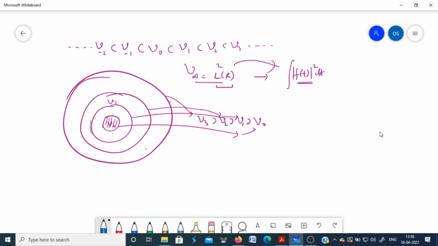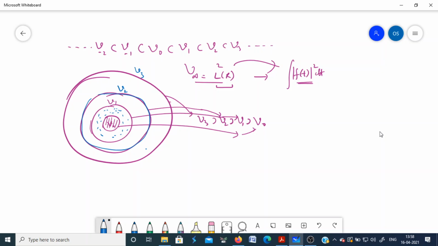So apart from this space, we have some other functions left here, which can be represented by the scaling functions in this span of V1. Then we have V2, then we have V3. So V2 space, this is the entire space of V2.